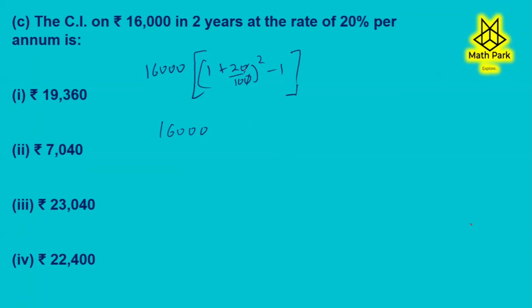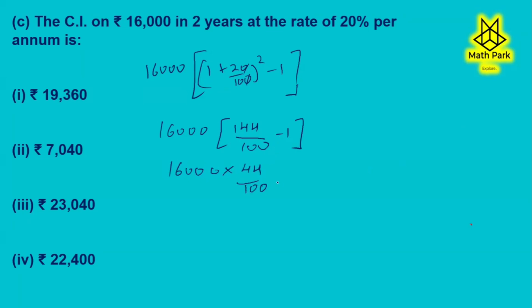But simplify this, taking the LCM, 10 plus 2, this is going to be 12 upon 10 whole square. 12 square is 144 and 10 square is 100, minus 1. So taking LCM, we get 16,000 into 144 minus 100, which is 44, by 100.